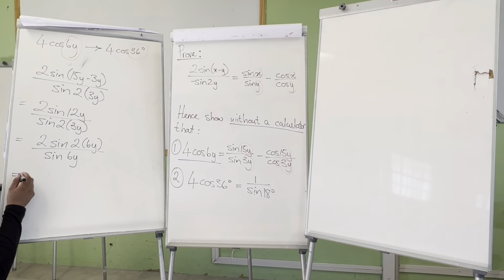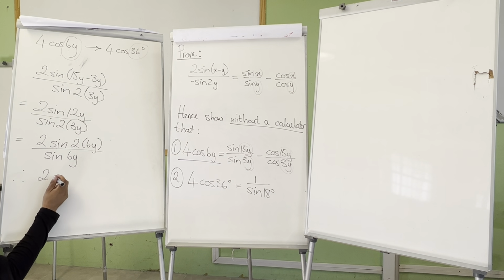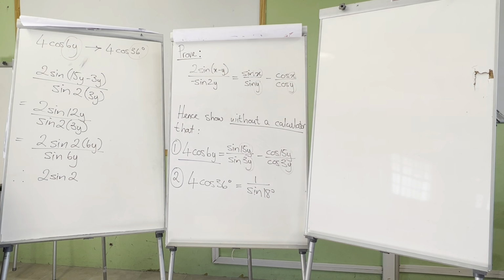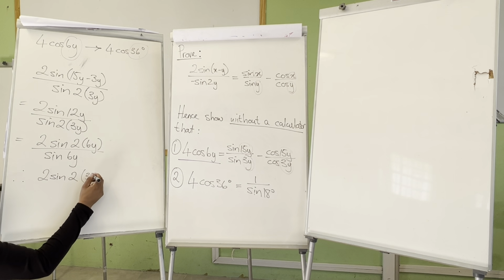Would you agree with me, because of the connection there, that I can then say this? In fact, let me say therefore 2 sine 2, 6y. 36 in this case, they are related, so I can replace that with 36 degrees, yes?